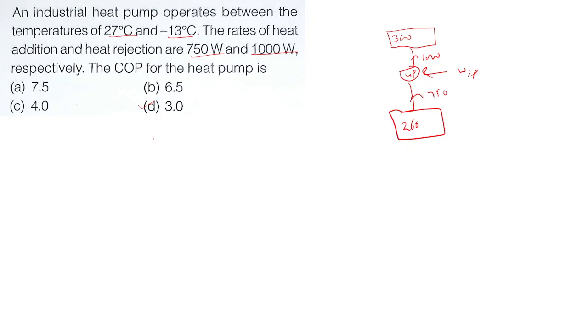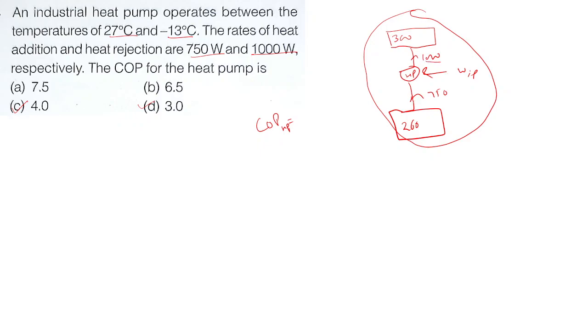Sir, I am getting 4. Okay, someone got 4. How did you get 3? Can you tell? Sir, I am also getting 4. So what would be the COP for the heat pump? First, what would be the Q1, the desired effect for the heat pump? 1000 means at higher temperature, whatever heat we are rejecting, so that would be our desired effect.